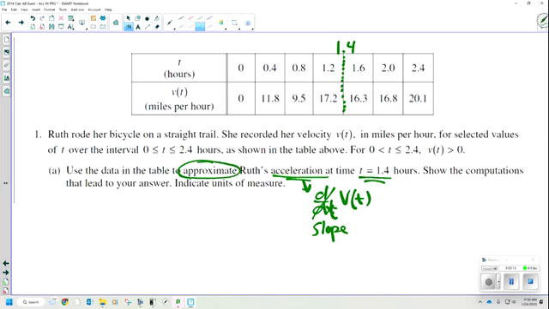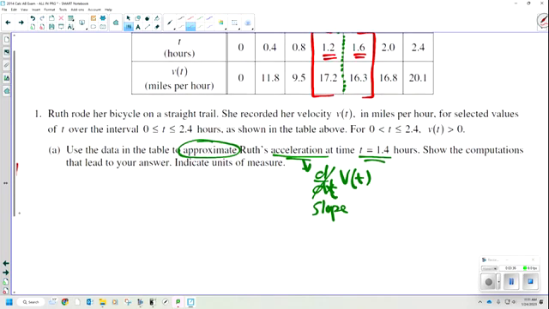If we're going to approximate this value, we can't get it exactly. But since it says approximate, I'm just going to take the two closest coordinates to 1.4, and that's 1.2 and 1.6. I'm really just going to do a change in y over change in x. Keep in mind, y would be velocity, x would be time.